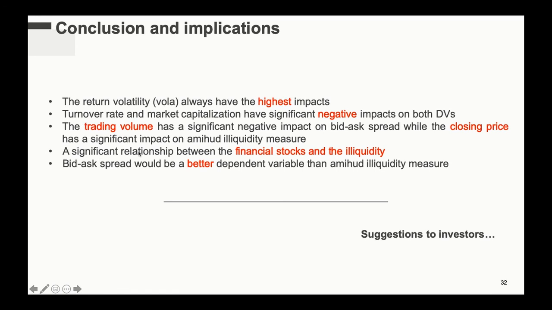And there is a significant relationship between the financial stocks and the illiquidity. And we also suggest investors use BS100 as the dependent variable when doing illiquidity analysis, and be aware that financial stocks are thought to be more illiquid than stocks of other industries.